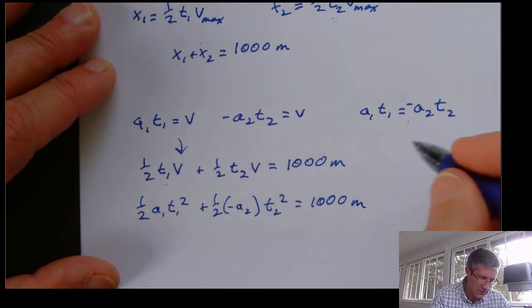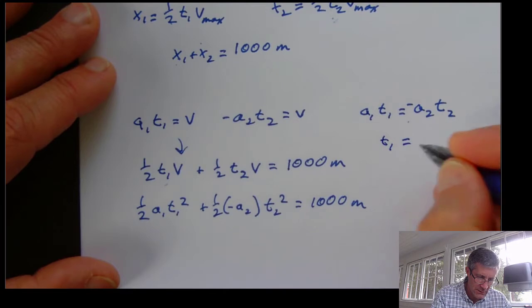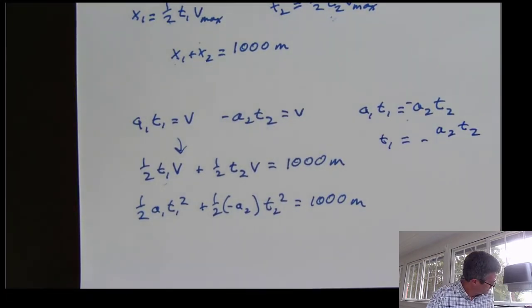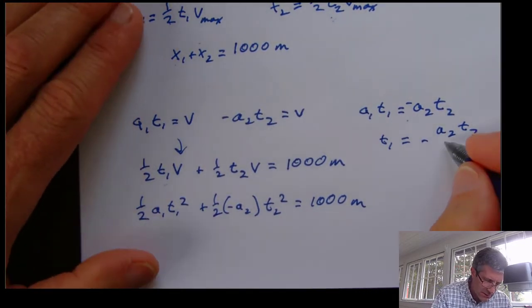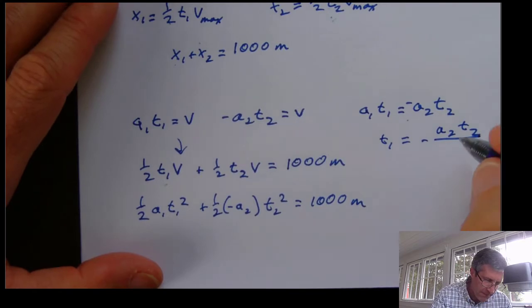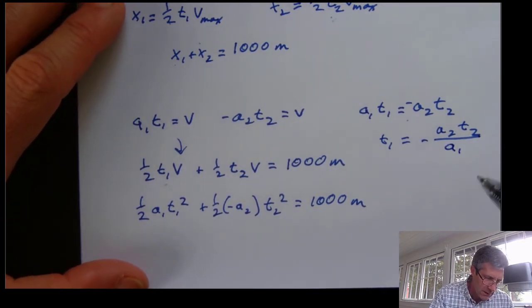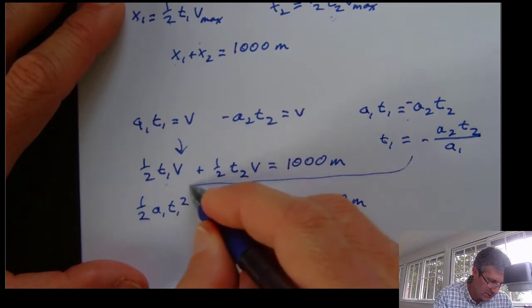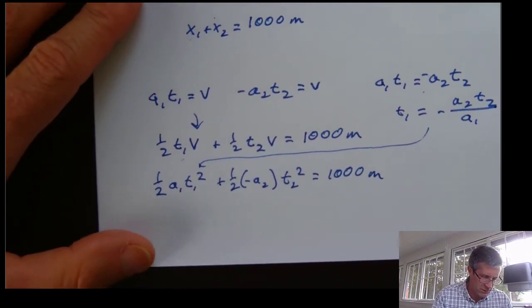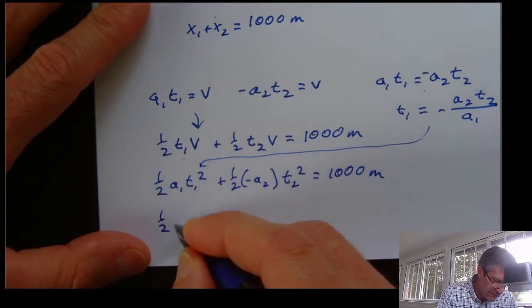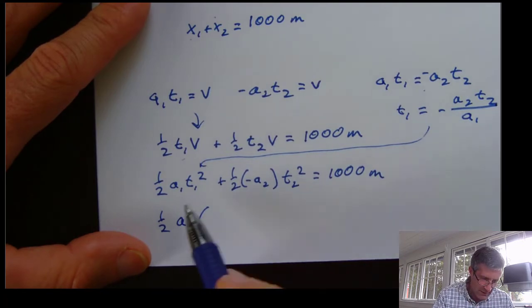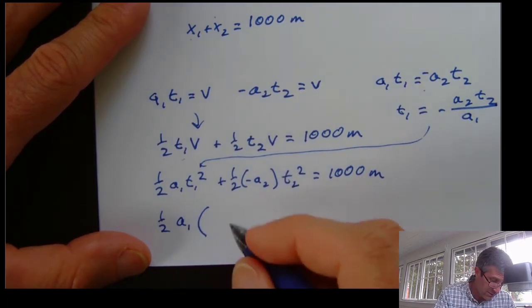So t1 is going to be negative a2 t2 divided by a1. Now I'm going to plug this in here, but I've got to square it. So good fun. I'm going to have 1/2 a1 times this whole thing, which is negative, so now it's going to be positive.